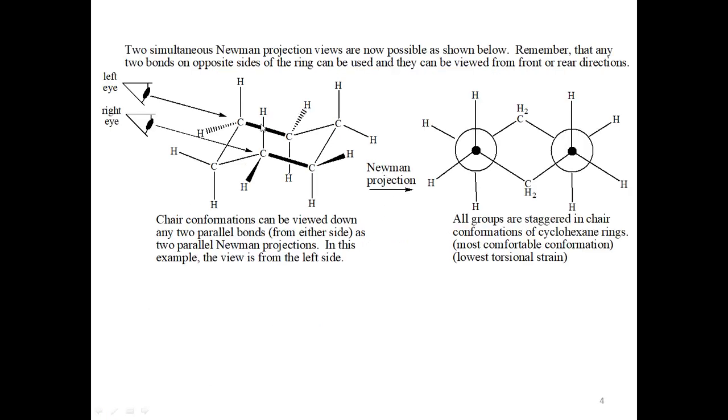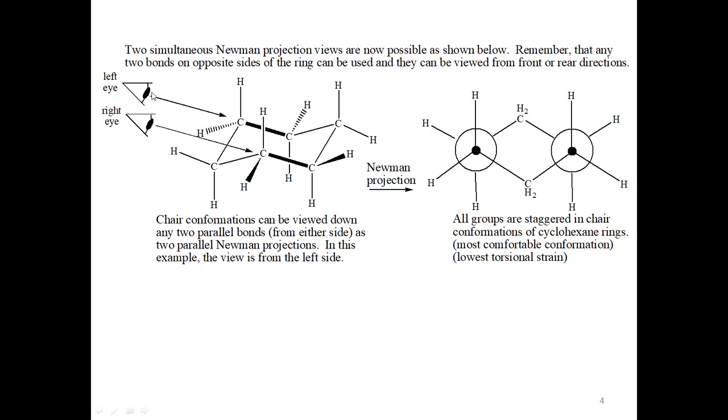So if we just pick these two parallel bonds to look at, we can think about what a Newman projection might appear as. And I usually draw arrows pointing to the first one towards the back one for myself. You don't have to do this, but I find that it helps me. And so since I'm looking at two of them, I have two eyeballs here. And in my mind, I can see this fairly clearly that left is in the back and right is in the front as I look at this.